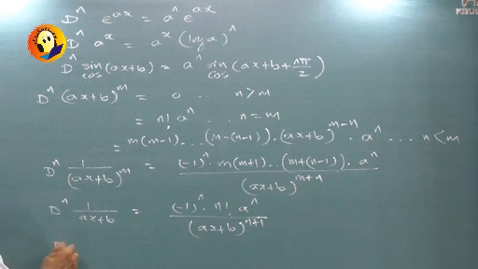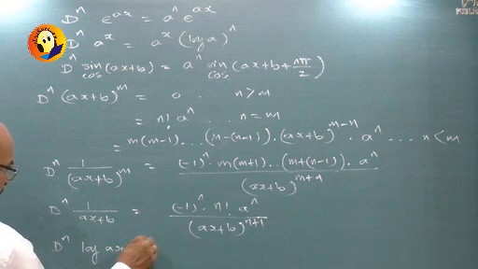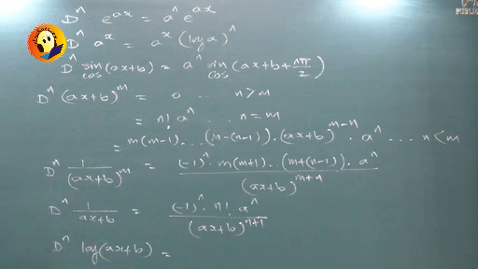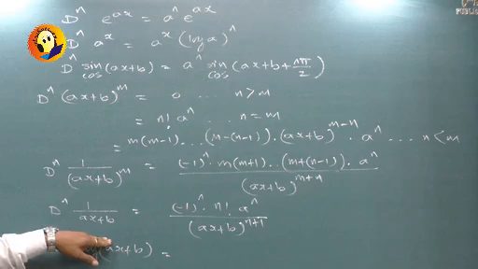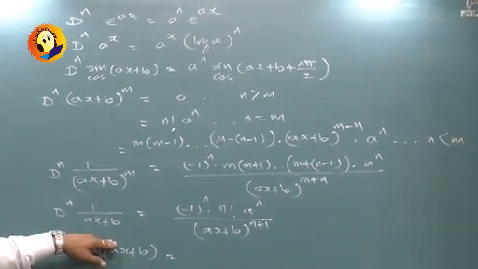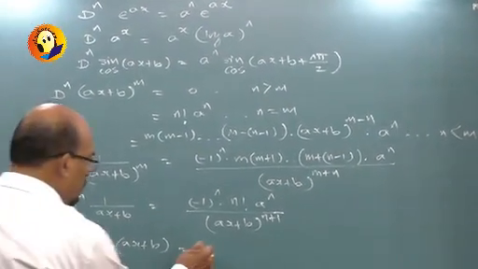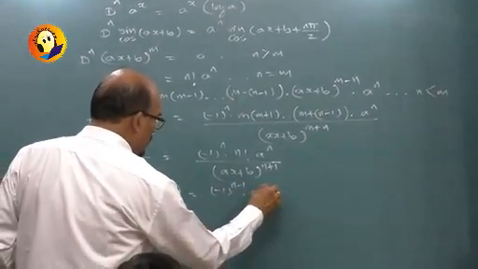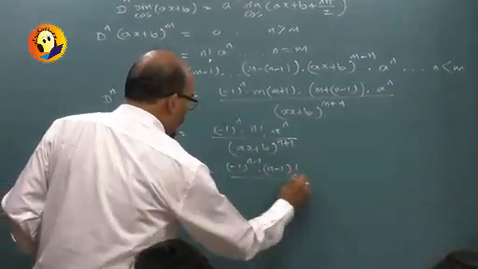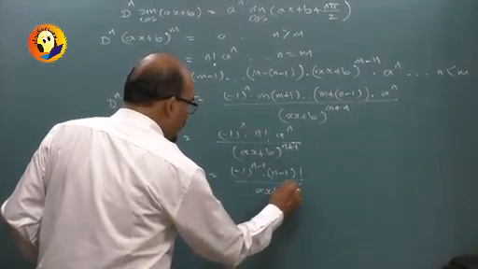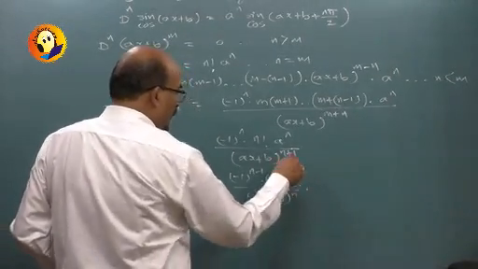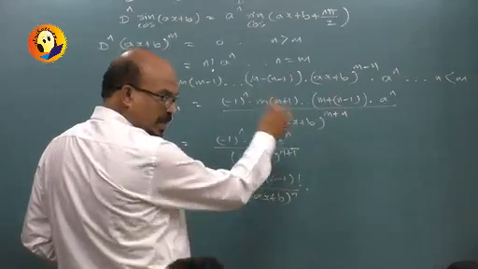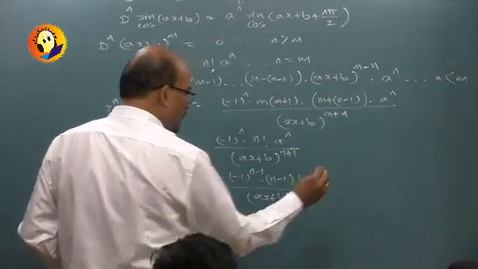Then what is nth derivative of log of (ax plus b)? It was this formula with the (n minus 1)th derivative into a. So it becomes minus 1 raised to (n minus 1) times (n minus 1) factorial upon (ax plus b) raised to n into a raised to (n minus 1) into a. So into a raised to n.